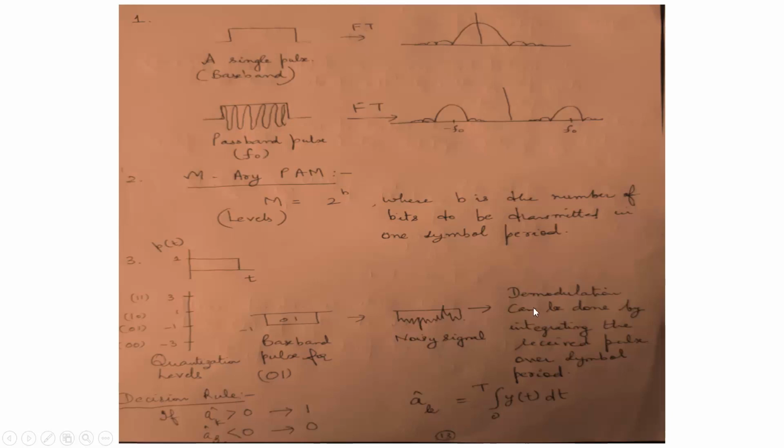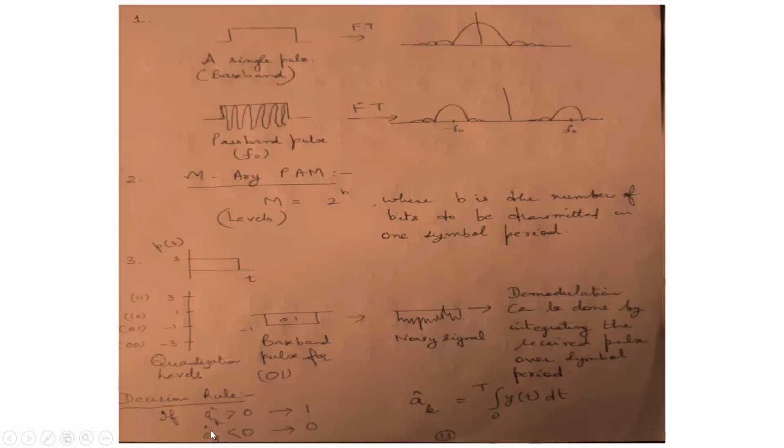Demodulation can be done by integrating the received pulse. Let's say y(t) is the received pulse. We will integrate over one symbol period, and that will give us the estimate of the amplitude, and from that amplitude we can make a decision whether 00, 01, 10, or 11 was transmitted.